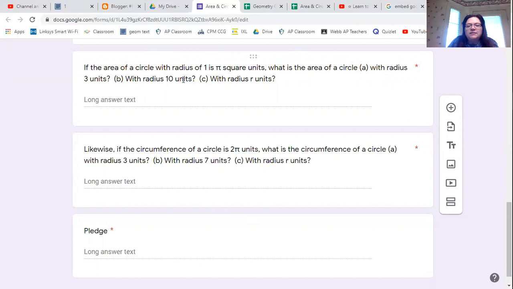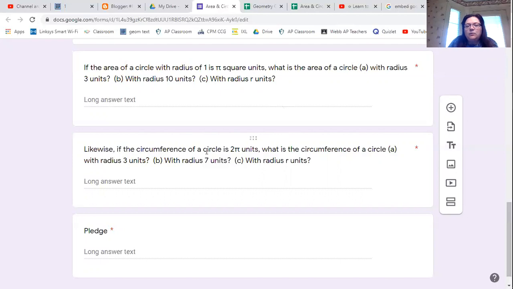What about with radius of 10 units? Well, we know it's got pi in it. Pi what? Pi times the radius squared. So in this case, the 10 squared. And then here with radius r just means what's the formula? Area equals pi r squared.